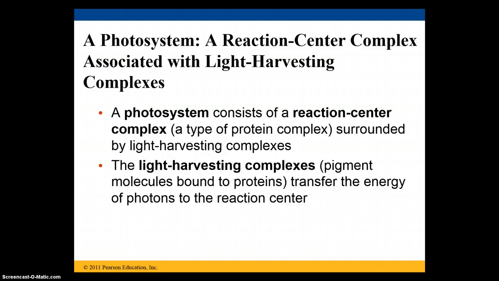A photosystem consists of a reaction center complex surrounded by light harvesting complexes. The light harvesting complexes have pigments bound to proteins, and they transfer the light energy, in this case the energy of photons, to the reaction center.